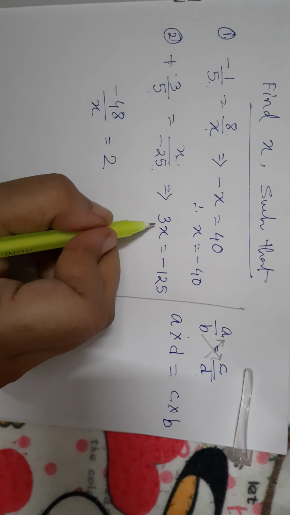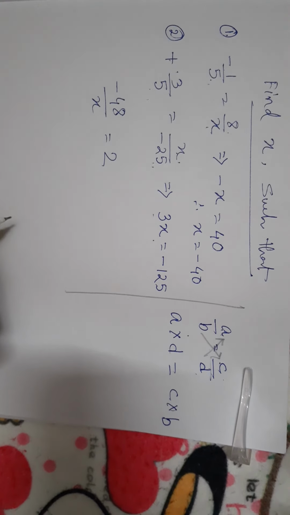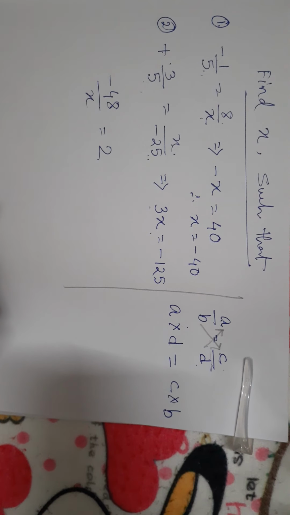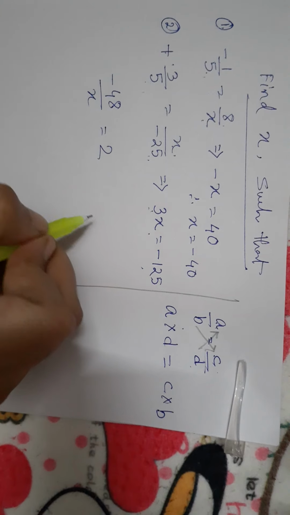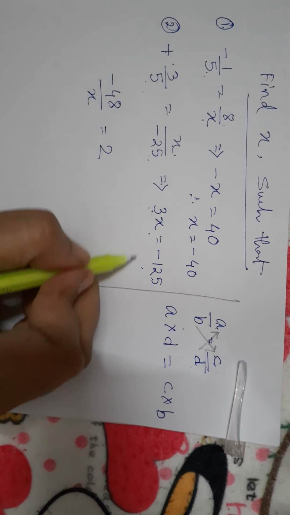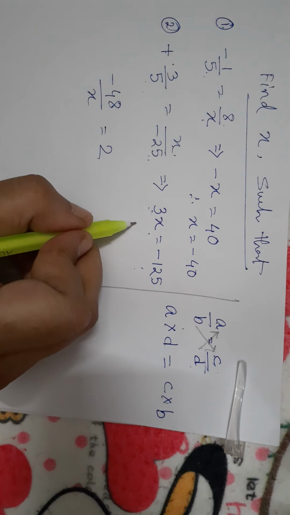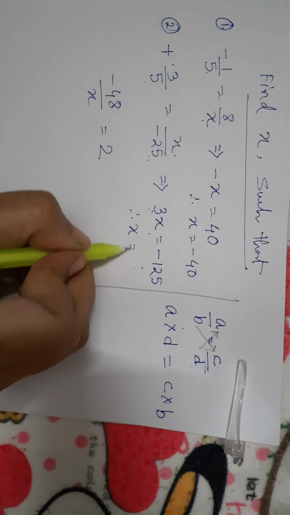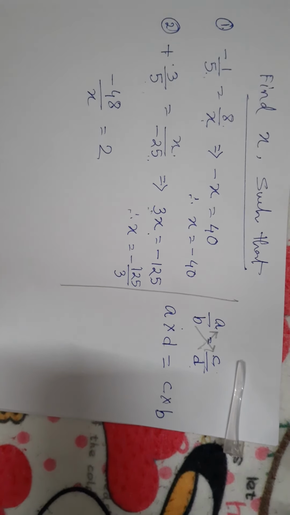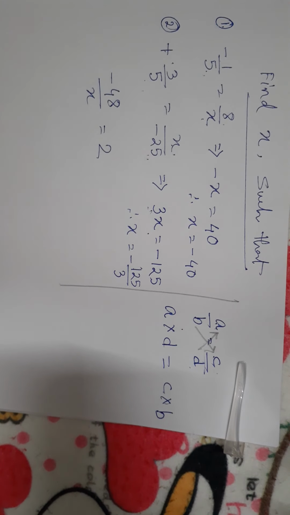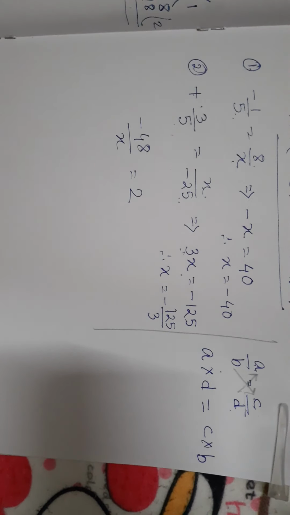So now 3x we don't want, we want only x. So in that case we need to send this 3 to the other side. That means I will send this 3 in the denominator, and the value of x will be minus 125 by 3. Now if you wish, you can convert it into a mixed fraction also.